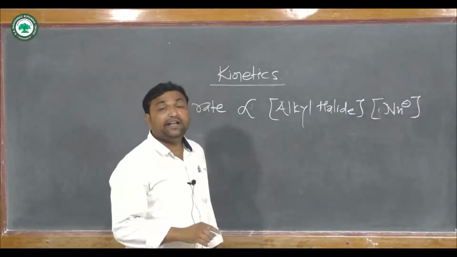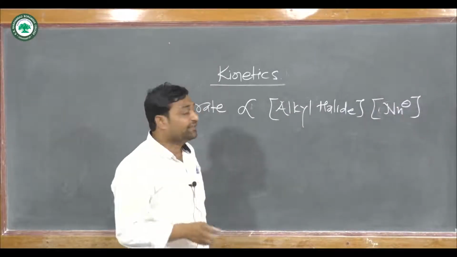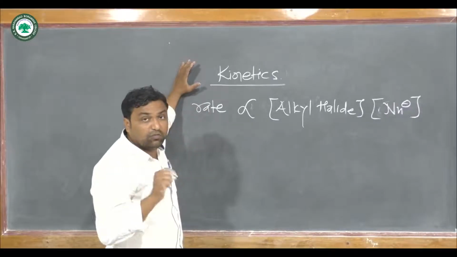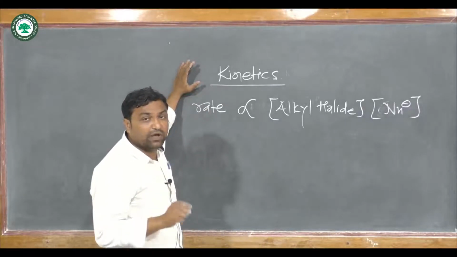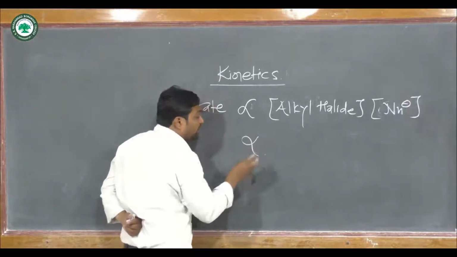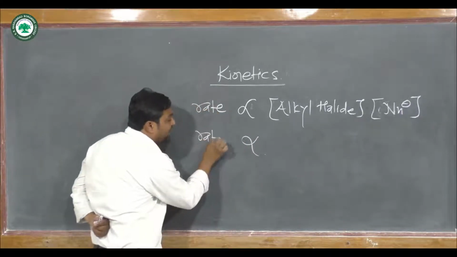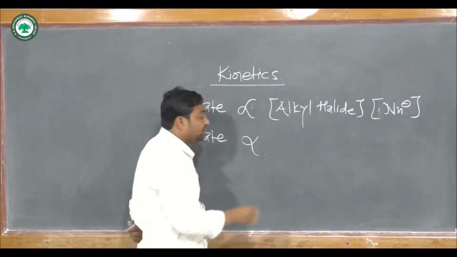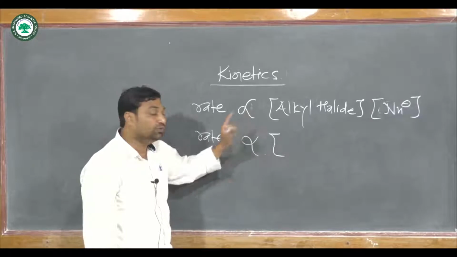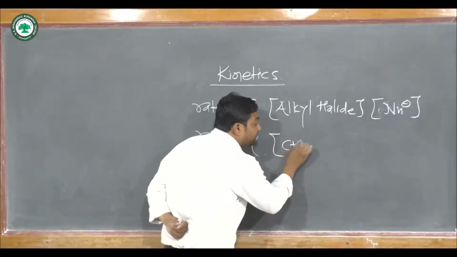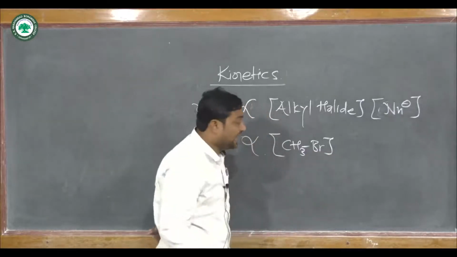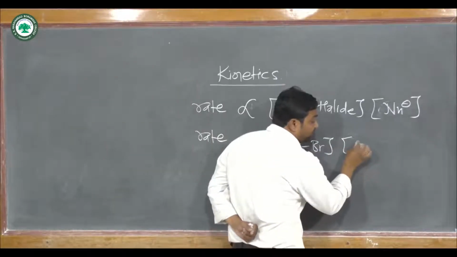We have already taken an example of methyl bromide and NaOH. That's why we write the rate for our example, and write its equation as: rate is directly proportional to methyl bromide and NaOH.